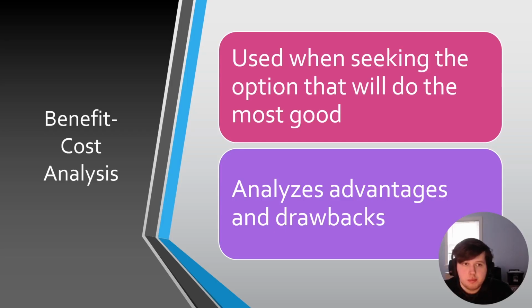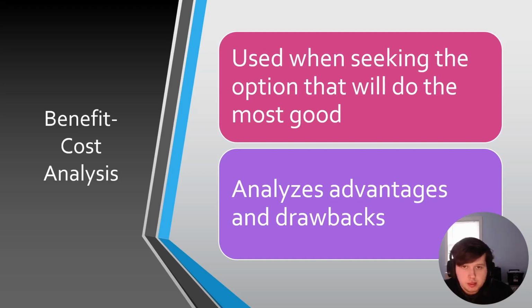Our final type of cost analysis is benefit cost analysis. It is used when risk managers are seeking the option that will do the most good given the choices. Benefit cost analysis simply analyzes the advantages and drawbacks of a risk management option.